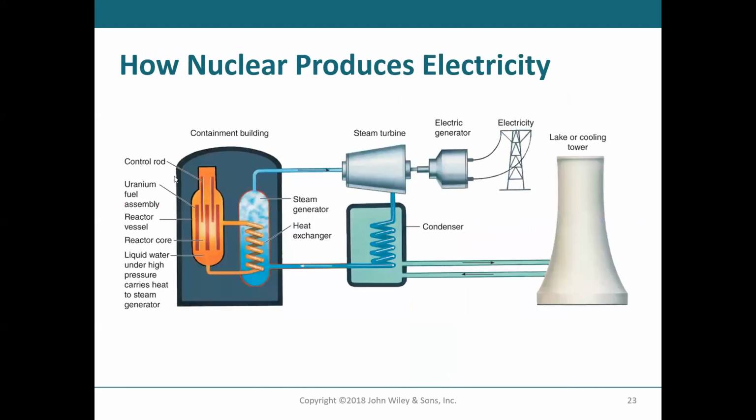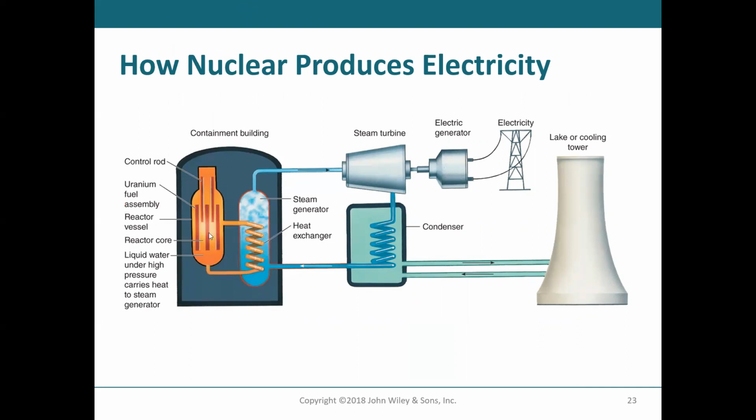Here is a very simplistic diagram of how nuclear reactions produce electricity. You have the control rod where the reaction occurs. There is water running through these tubes. It heats up the water, right?